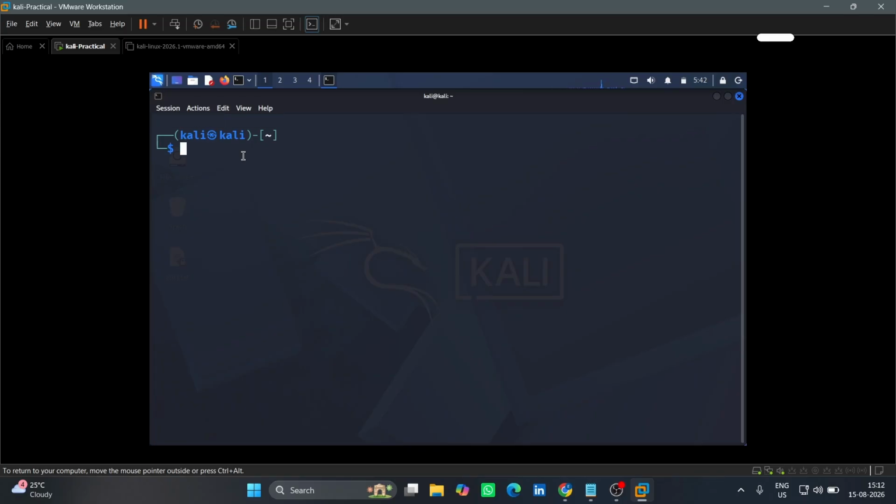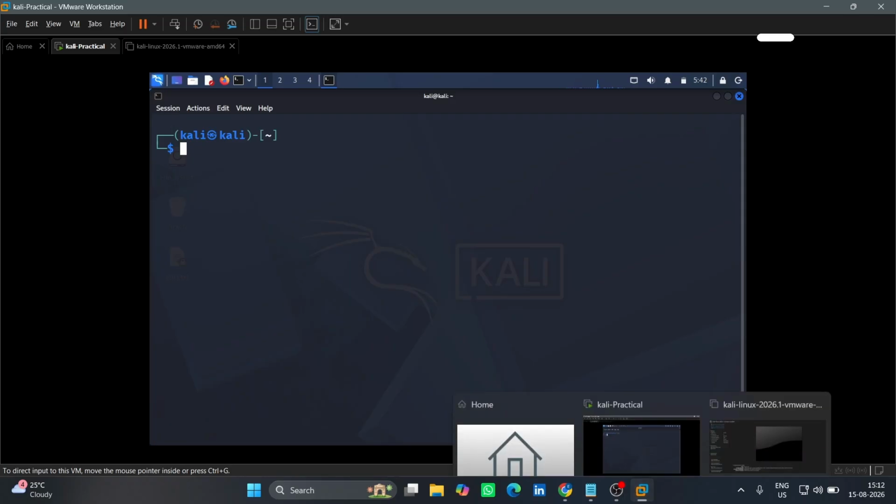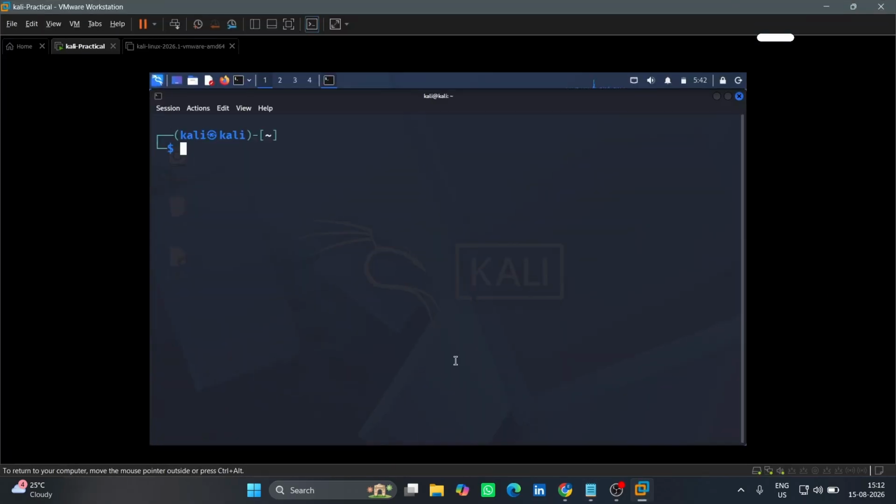So what we have to use is whoami and id. As I told you, whoami gives you the name of the user through which you are actually logged in.